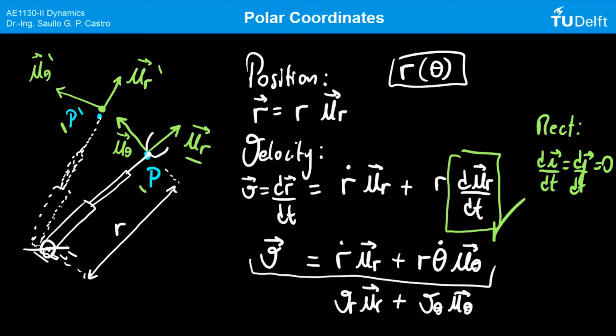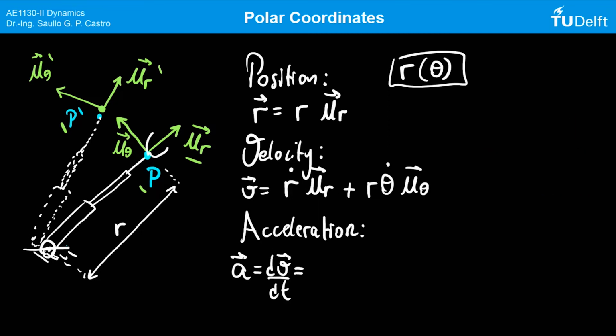Let's now proceed with the derivation of the acceleration for the polar coordinates. Using our very general definition for the acceleration, let's apply the differentiation to the equation of the velocity.